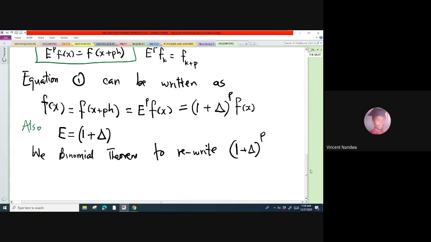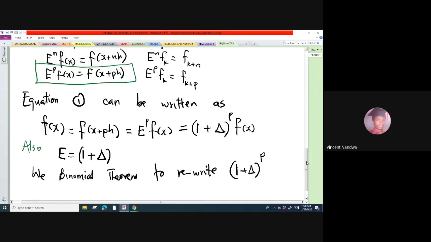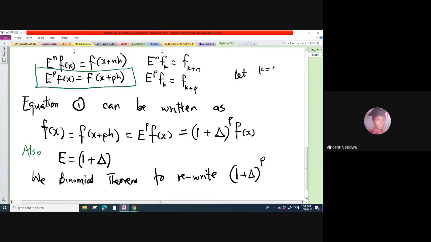And then just remember, maybe also from this one here. So at this point, when we let k be 0, it means that this will be given by e raised to the power p of f0, which is the same as f0 plus p.